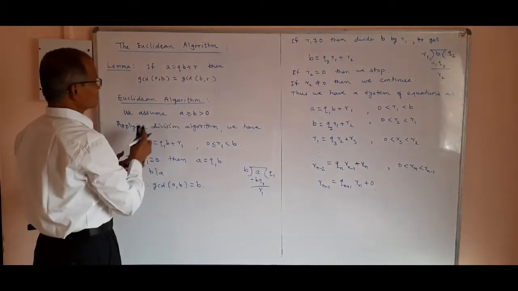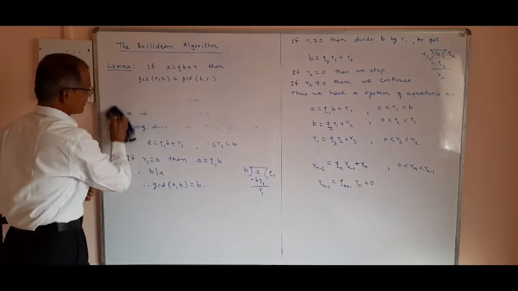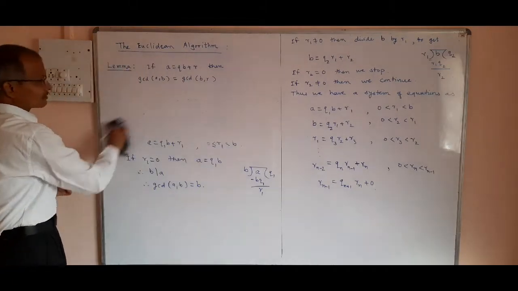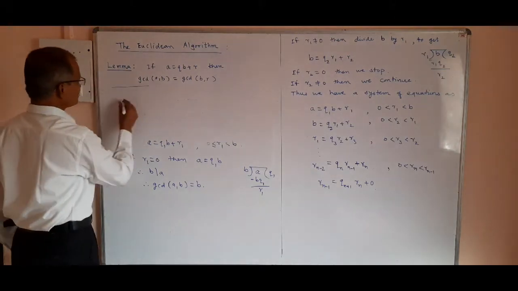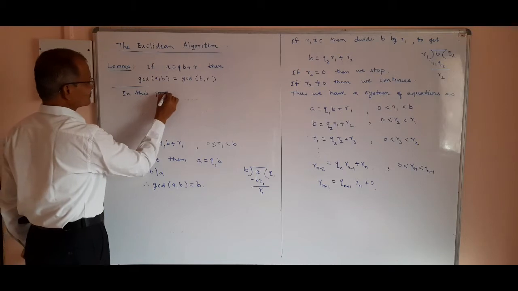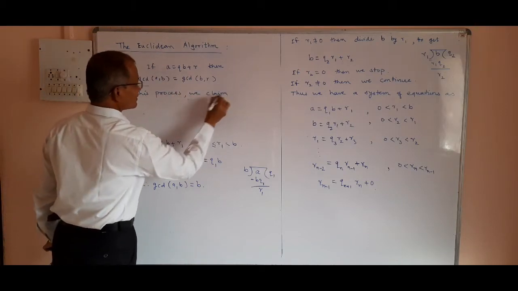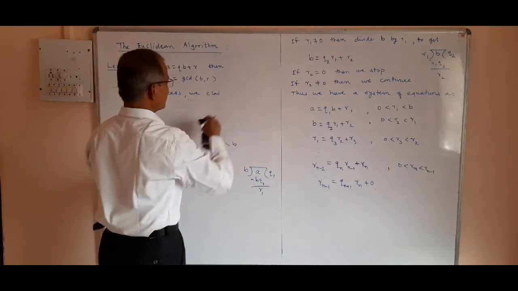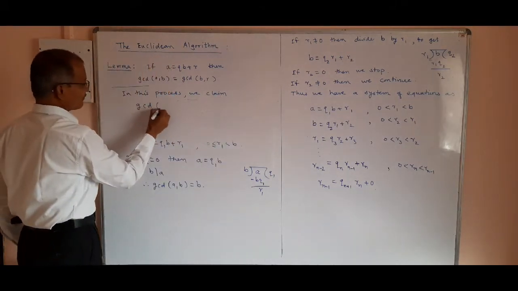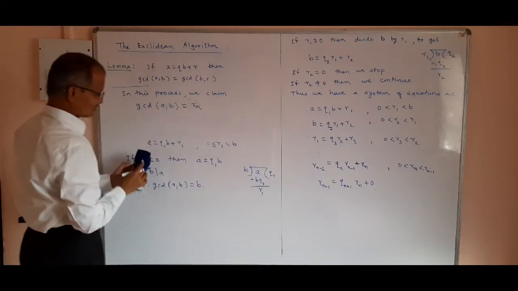So in this process we claim that GCD of A and B is equal to Rn, the last non-zero remainder.